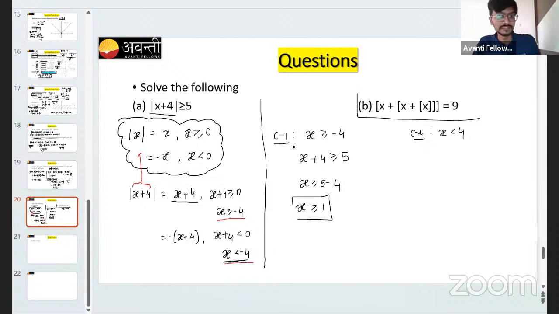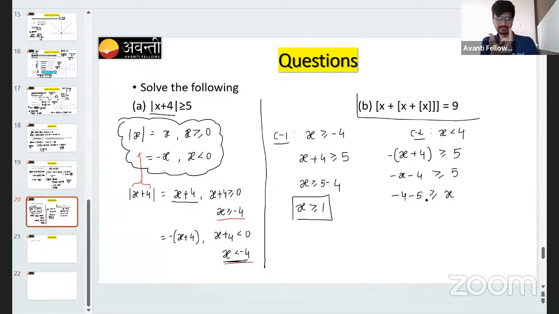So if I use this in the equation, my equation will be minus times x plus 4 greater than equals to 5. So minus open करो तो minus x minus 4 greater than equals to 5. Minus x को वो साइड भेजो, 5 को ये साइड. तो minus 4 minus 5 greater than or equals to x.